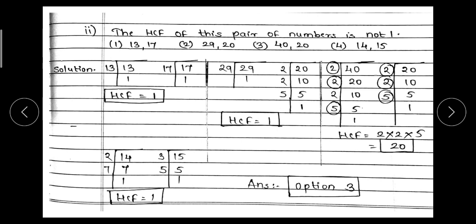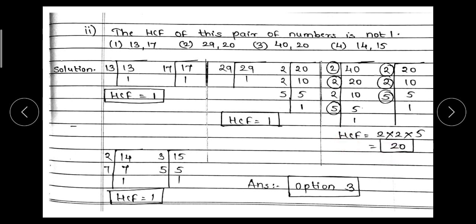Take out the common factors. Here 2 is common. So write 2. Again 2 is common. Again write 2. Then 5 is common. Write 5. So let's take out the HCF: 2 multiplied by 2 multiplied by 5, that is 20. The HCF of 40 and 20 is 20.